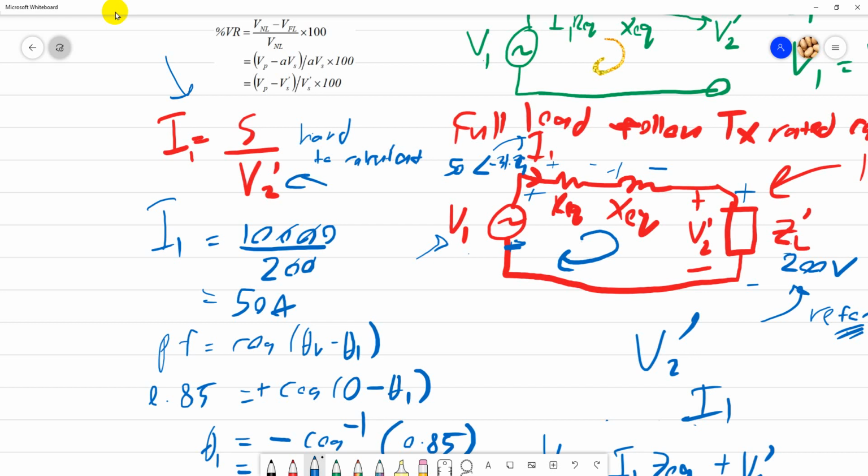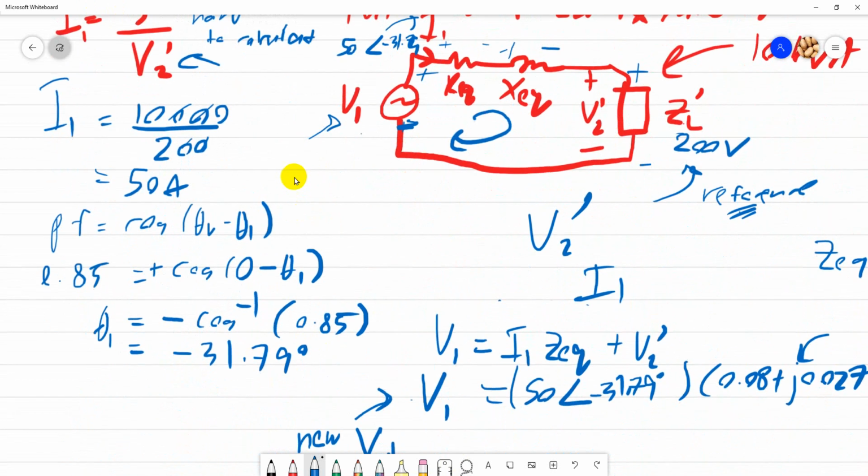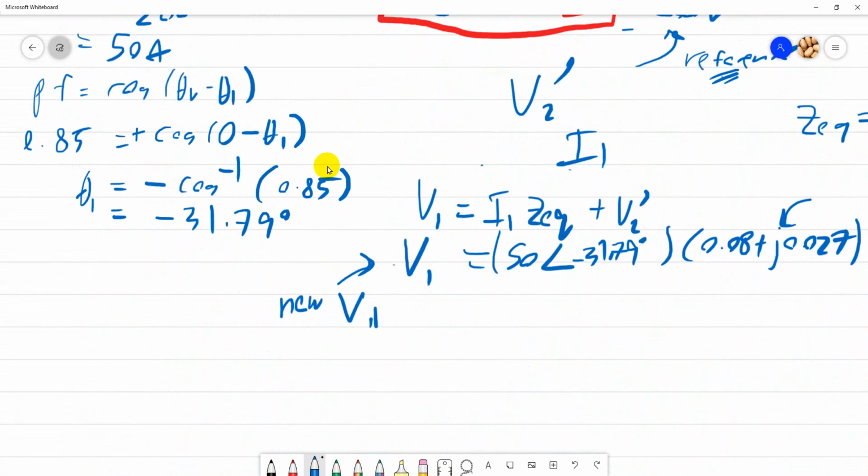So you just assume this and you calculate the V1. You cannot use the old one. So this is the old V1, and then this is the new V1.